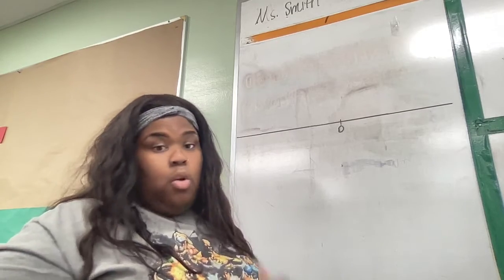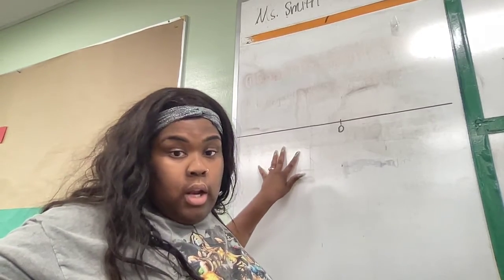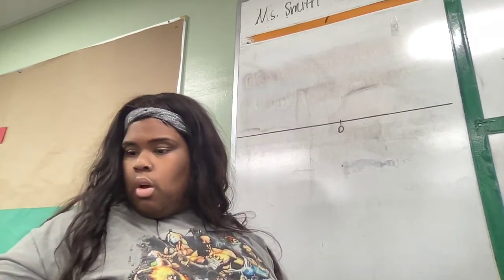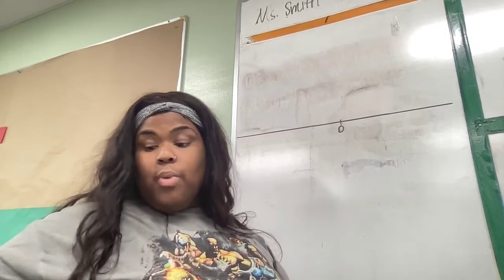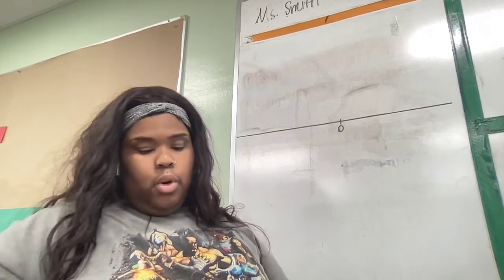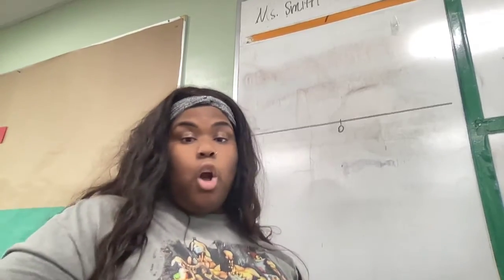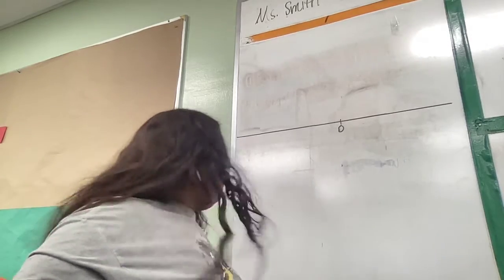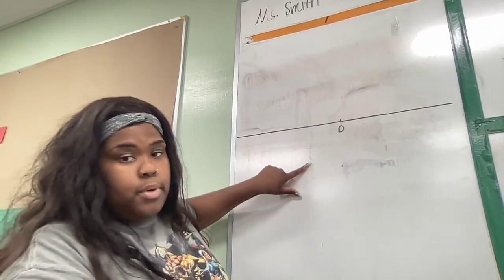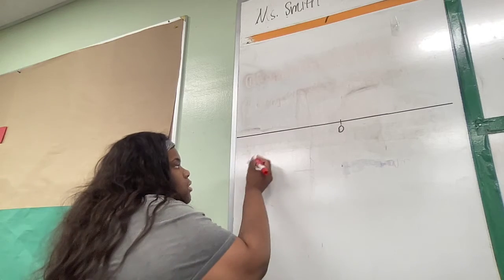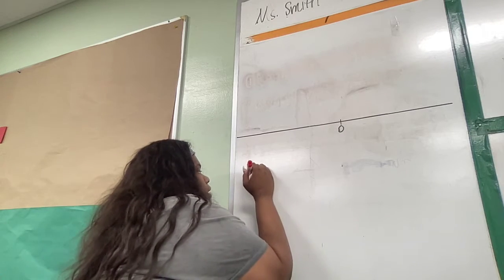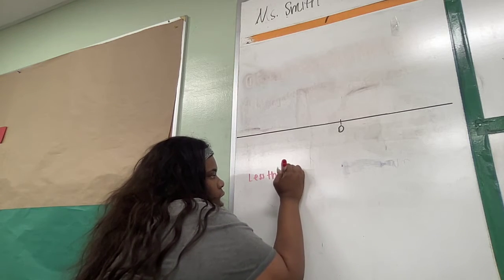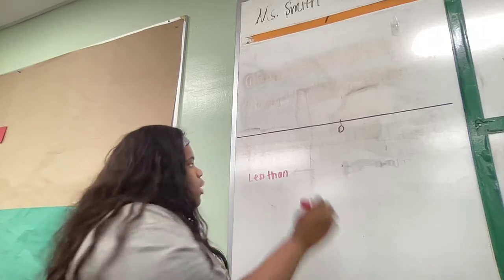Now we're going to discuss what's going to be to the left of 0 and what's going to be to the right of 0. Okay, so we're going to write the values that are to the left of 0 in red because these are called negative numbers. Okay, I'm going to tell you why they're negative. So negative numbers are always going to be less than 0.